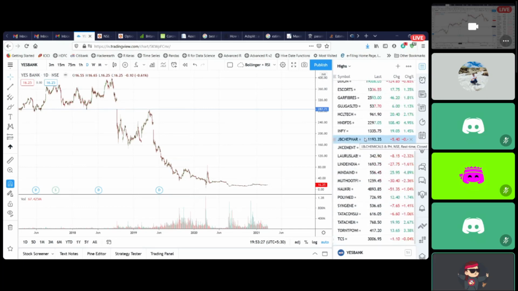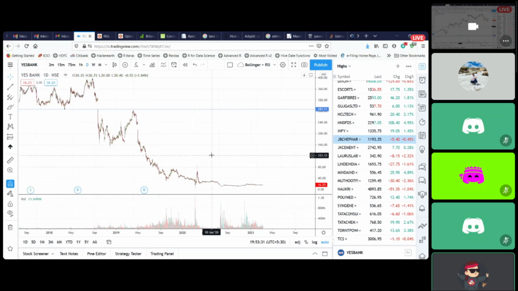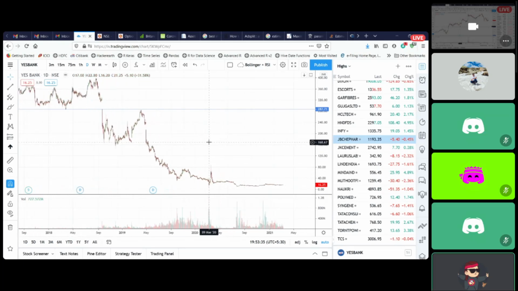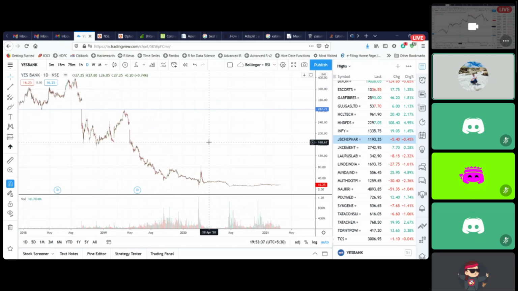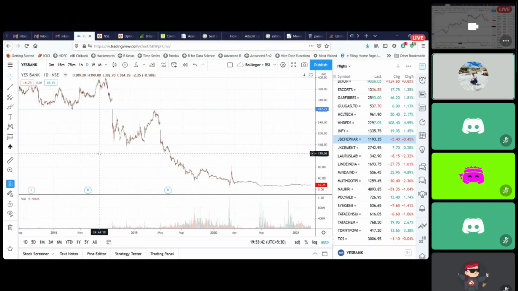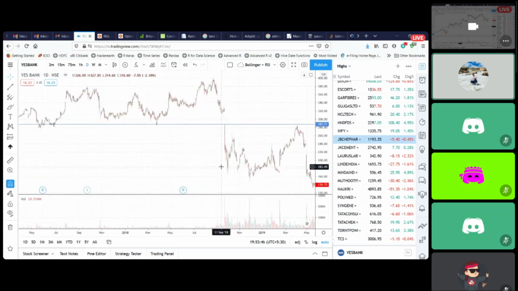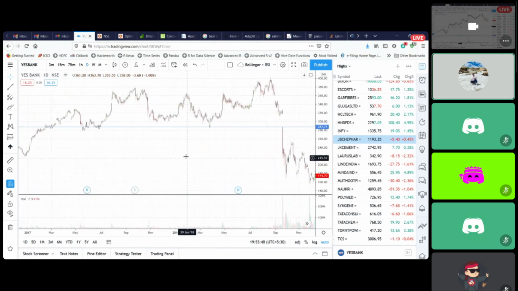Right. The question of Yes Bank came because the all-time high is so far up from here. So that's why I thought that would be a good example to ask about. Yeah. So see, the Yes Bank setup got broken right here when it broke below these swing lows of 300. 300 was a very important swing low.